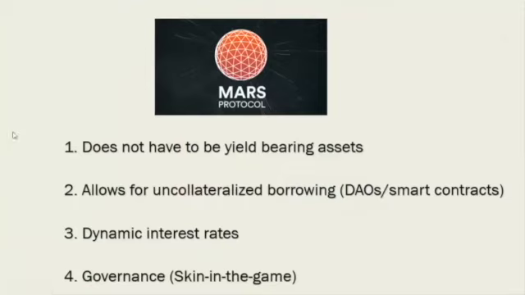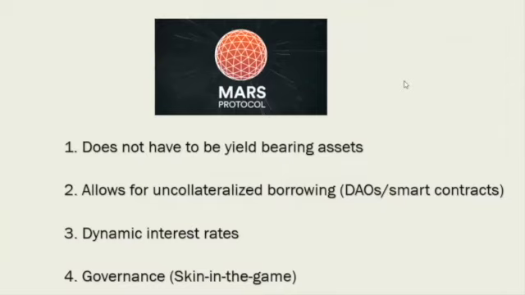Okay, so this is the first project that I'm most excited about. It's called Mars Protocol. Mars Protocol is like a money market. It's a bank. A lot of people will compare this with Anchor, because Anchor also allows you to deposit collateral and borrow money. So they are doing similar things, but there are some differences.